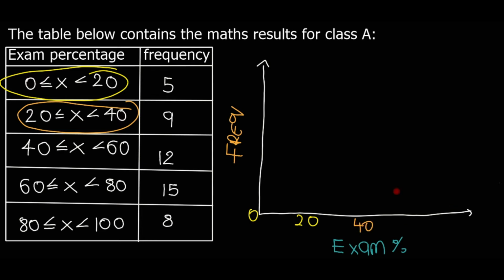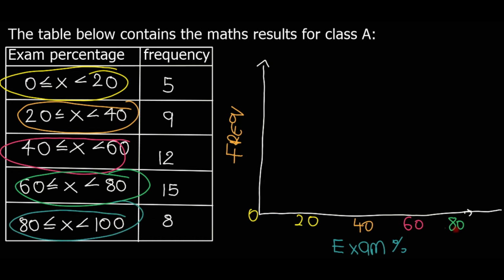Then 40 to 60, so it's from 40 to 60, and then 60 to 80. And the last one is 80 to 100.